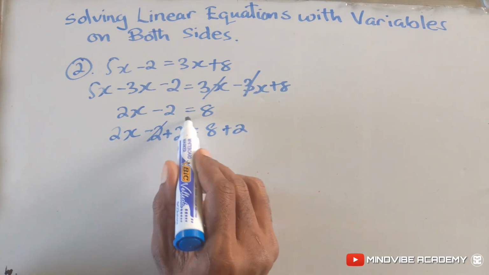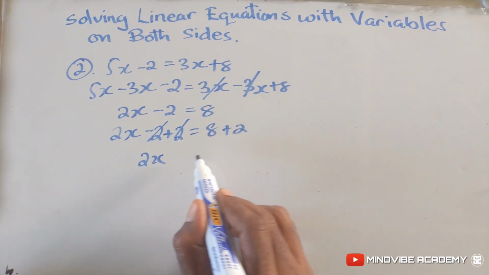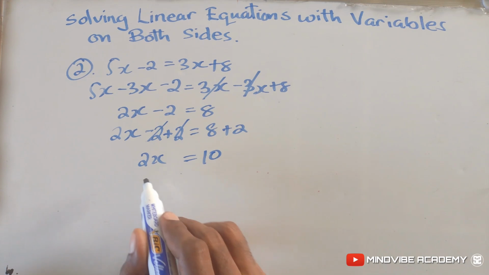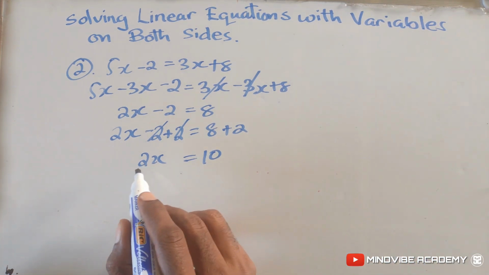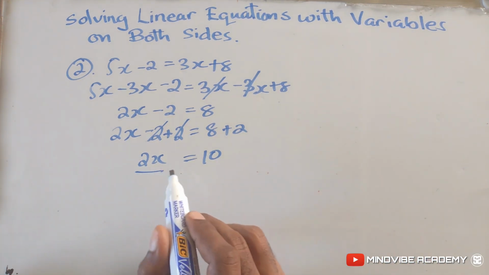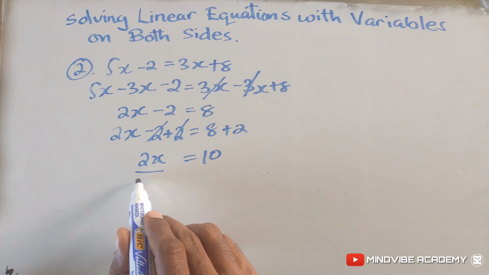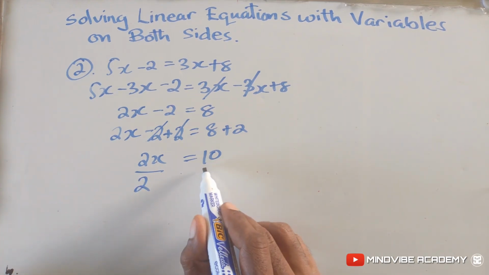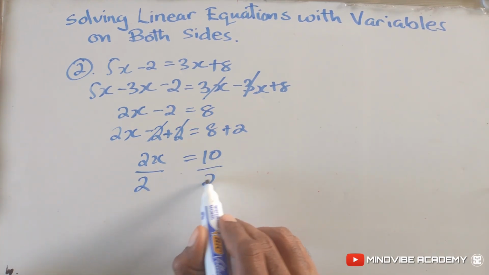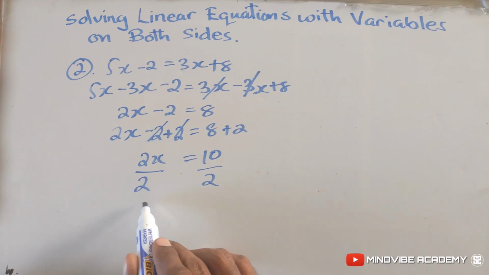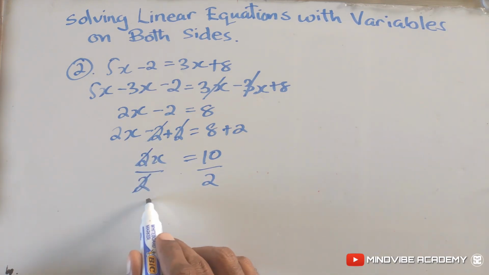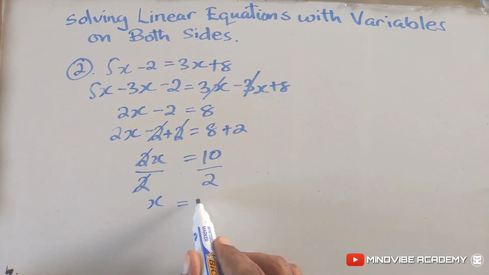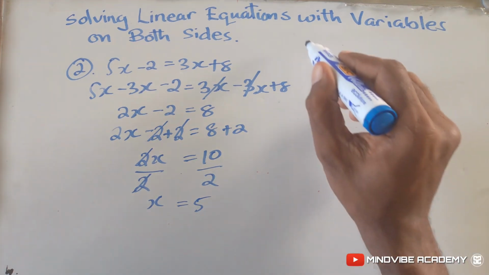So 2 and 2 cancel out. We have 2x is equal to 10. And the final step, we have 2x divided by 2 and 10 divided by 2. The 2 and 2 cancel out. We have x is equal to 5.